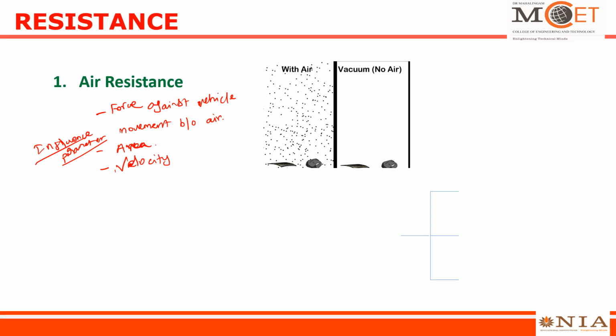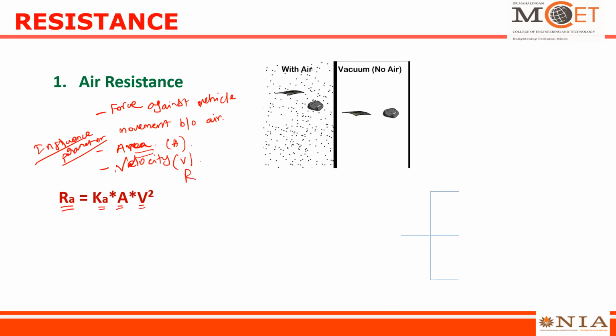Hence, in general, air resistance RA we can express with the use of influencing parameters: frontal area A and velocity V. So air resistance RA equals K A V squared, because air resistance is directly proportional to the frontal area of the vehicle, and directly proportional to the square of the velocity of the vehicle.